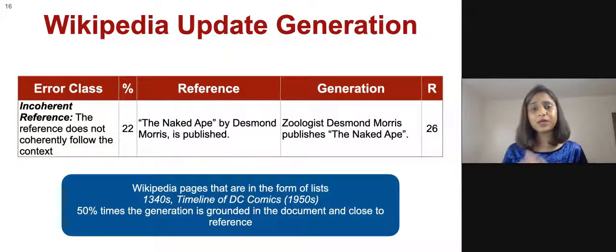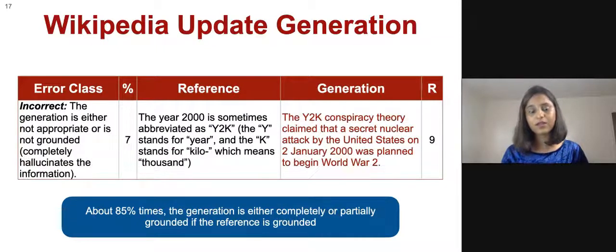And yet, this particular generation gets a low ROUGE score of 26, although it can be used as an alternate to the reference. The fourth error class is incorrect, where the generation has completely hallucinated the information, or it's not appropriate or completely incorrect. Only 7% of cases fall in this category.